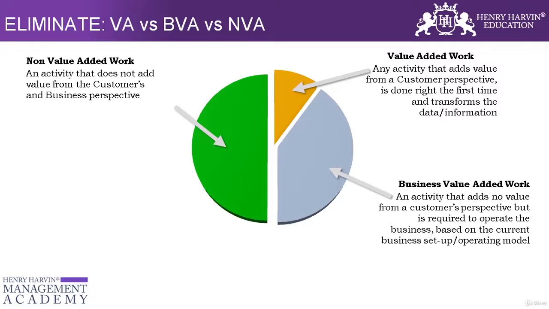In the process map, the objective is always to try to reduce the non-value added activity. If you see in this example, half of the pie is non-value added. The value added is just 25%, or maybe less than 25%. So that's a typical example that I've shared.